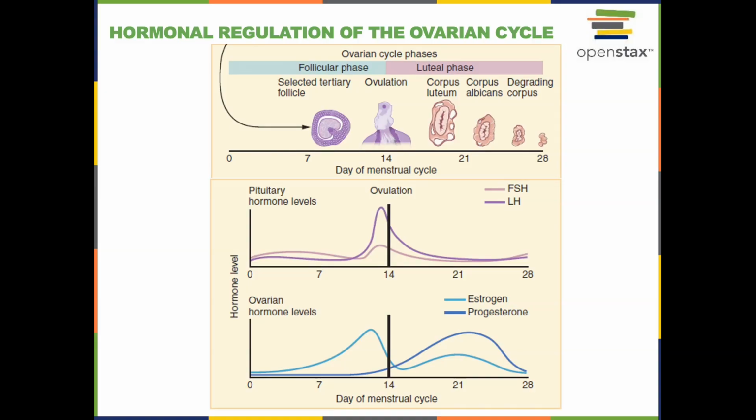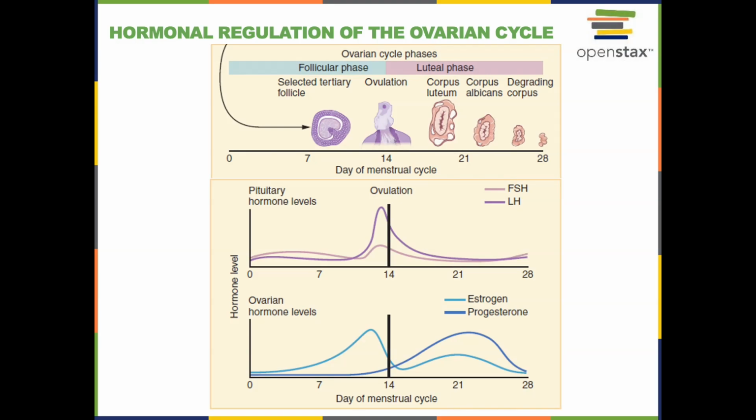Then a positive feedback mechanism takes over, increasing levels of follicle stimulating hormone and luteinizing hormone. And the surge of luteinizing hormone stimulates the mechanism of ovulation, where the secondary oocyte is released from the tertiary follicle.